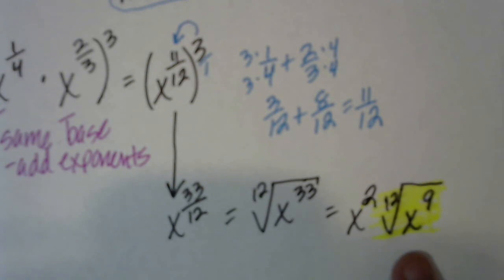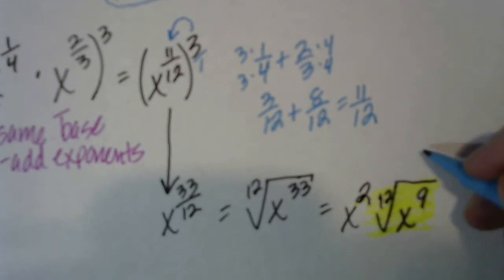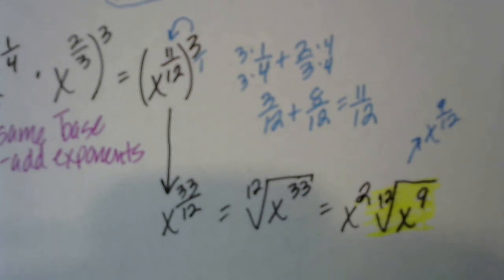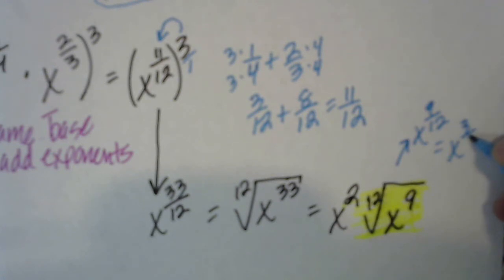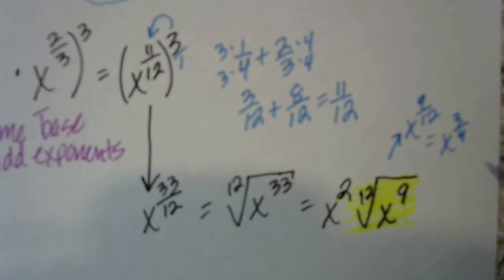If I rewrote this, wouldn't this be x to the 9/12? And I know that 9/12 can be reduced. So isn't it the same as 3/4? That would be a yes.